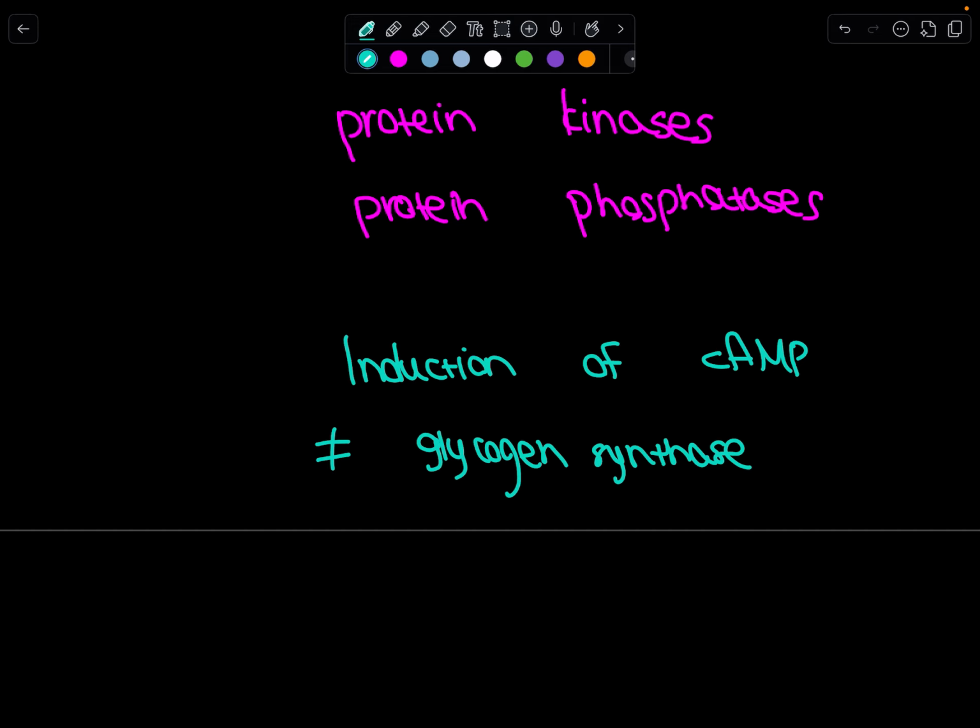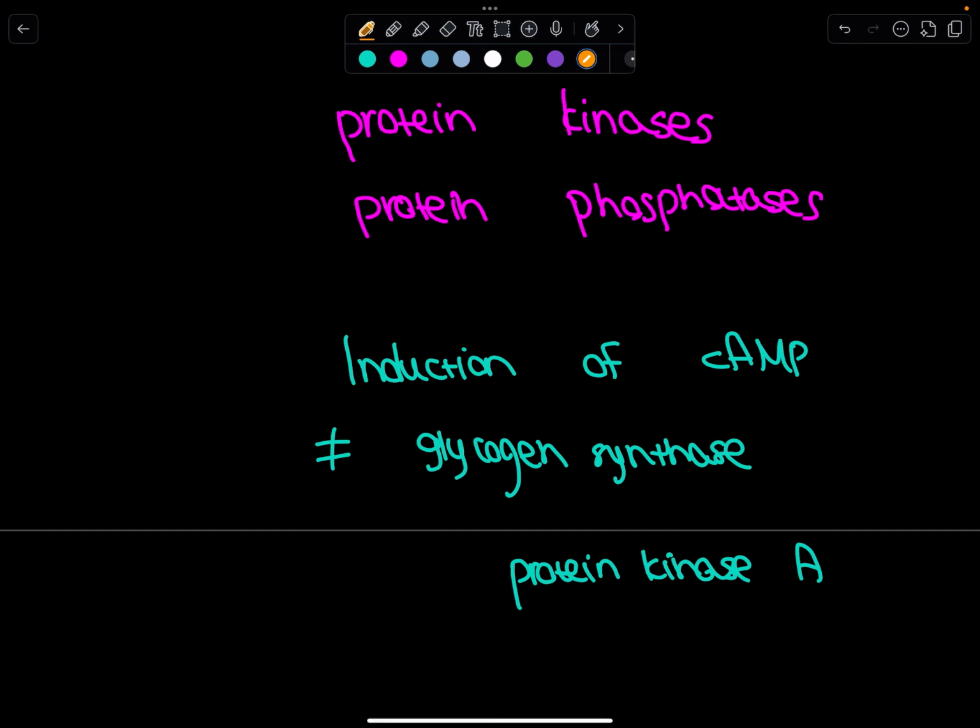The cAMP, cyclic AMP, cascade is triggered by low glucose when glucagon, in liver, or epinephrine, in muscle, binds receptors, activating adenylyl cyclase to produce cAMP. cAMP activates protein kinase A, PKA, which phosphorylates two key enzymes. One, phosphorylase kinase, which then phosphorylates glycogen phosphorylase to active phosphorylase A, ramping up glycogen breakdown to release glucose 1-phosphate. Two, glycogen synthase, which gets phosphorylated and switches to inactive synthase B.